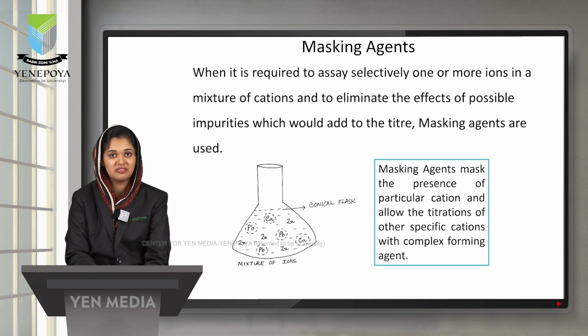That means in a conical flask, if you are given a mixture of metals, cadmium, lead, zinc, calcium, etc., but you want to selectively titrate with any one of the metal ions, you can use a masking agent. This masking agent will inhibit the interference of the other remaining metals during your titration. Thereby, we can selectively titrate with the specific metal ion.